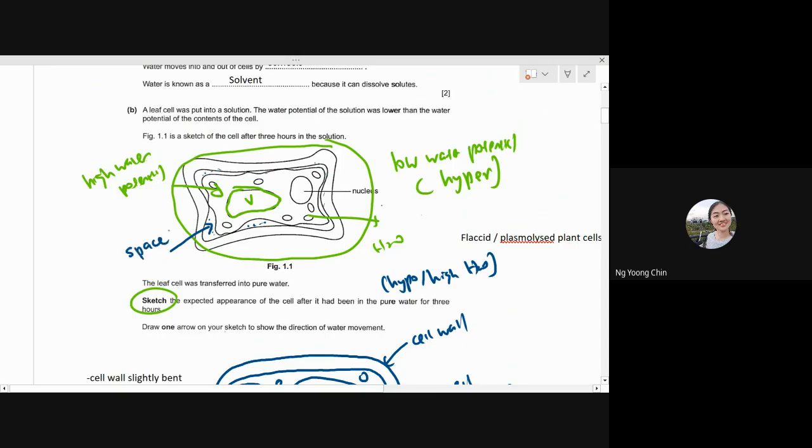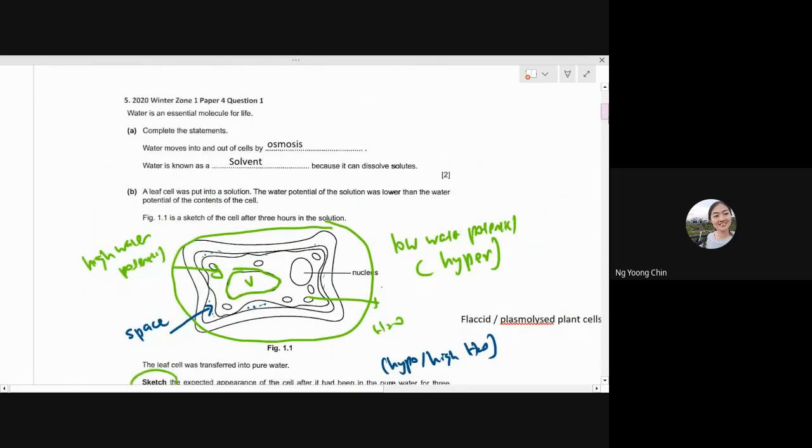And then for your information, sometimes the question will ask, since the flaccid plant cell is immersed in a solution, what kind of solution is it? They didn't say the solution name, they just state a solution.